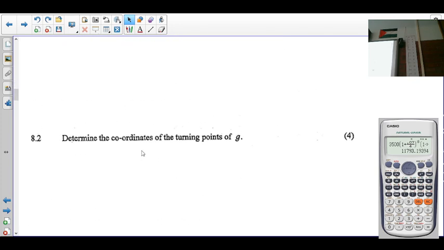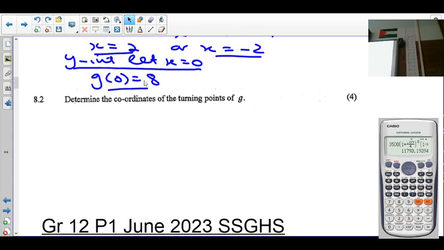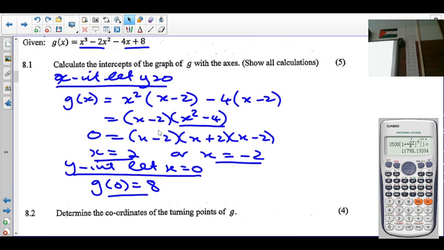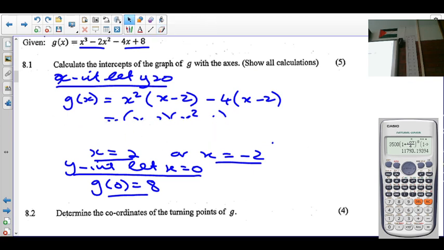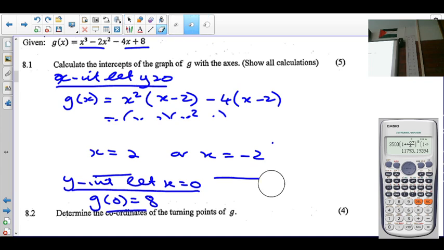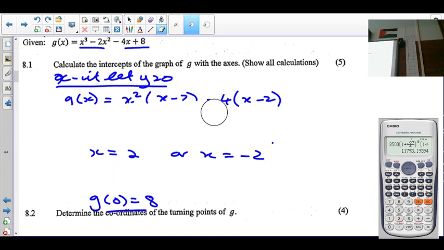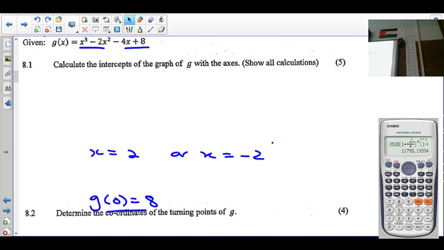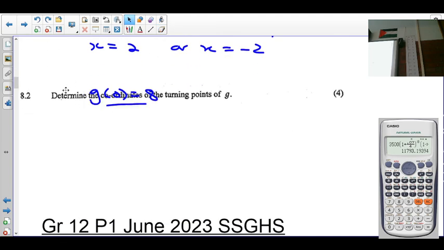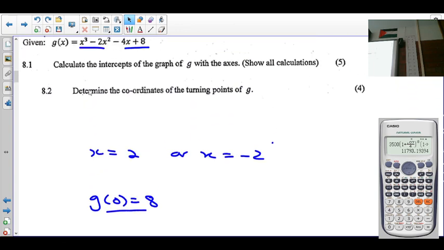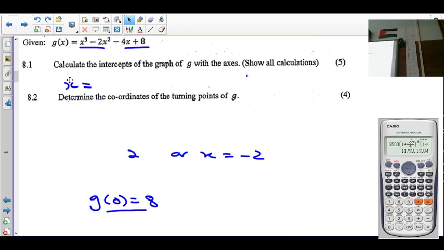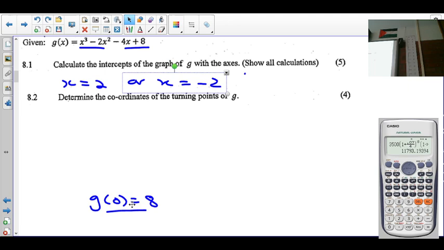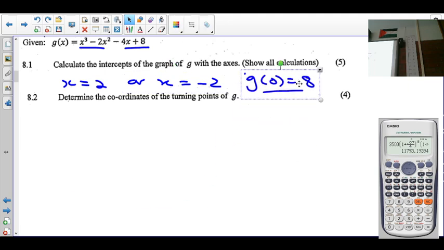Just drop that a bit. Determine the coordinates of the turning point. How do you calculate the coordinates of the turning point?